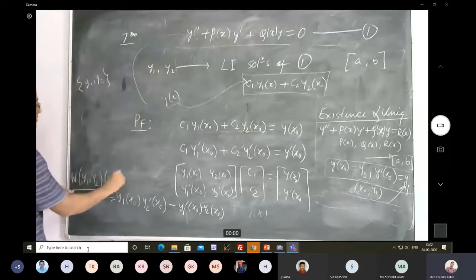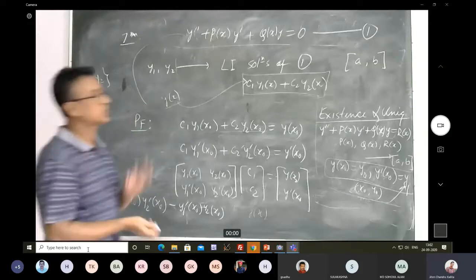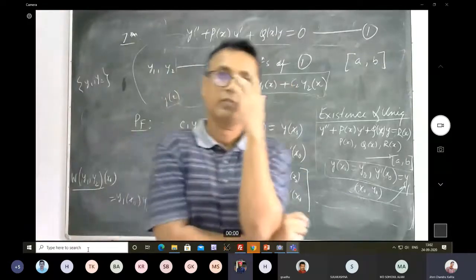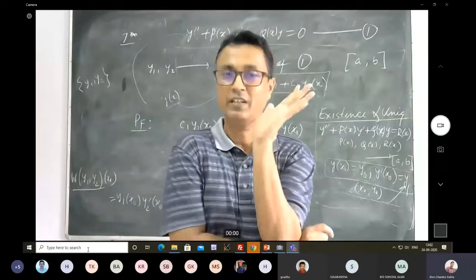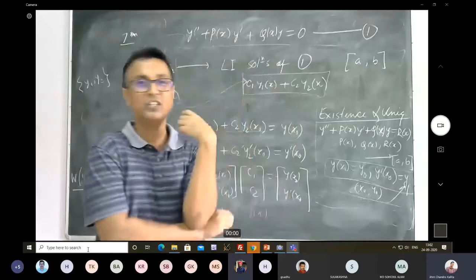So if this is not equal to 0, it is possible to determine C1 and C2 uniquely. Now you know the importance of the Wronskian. Any question?